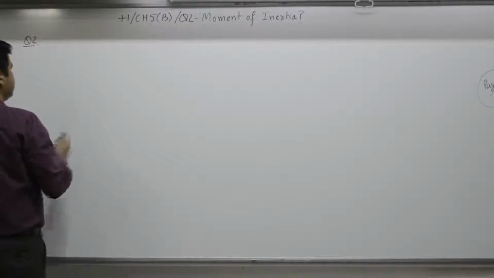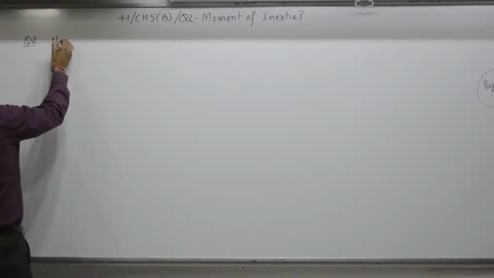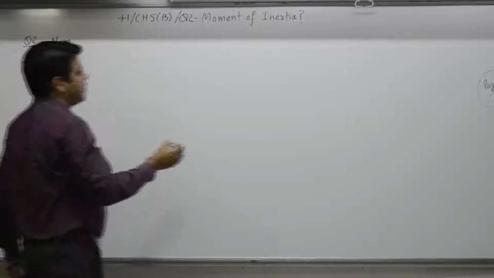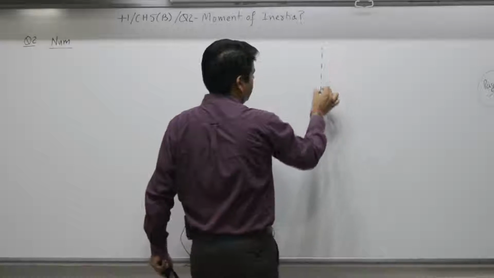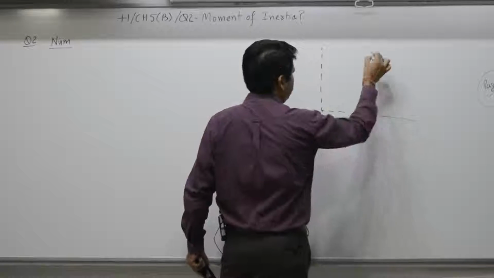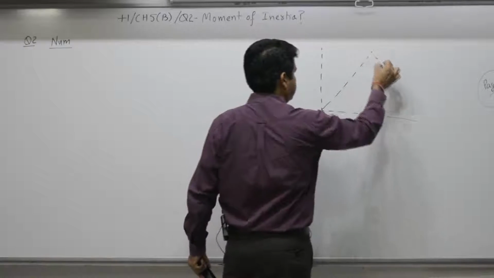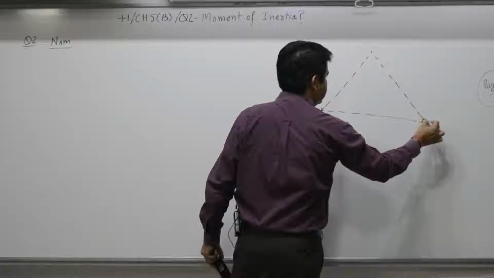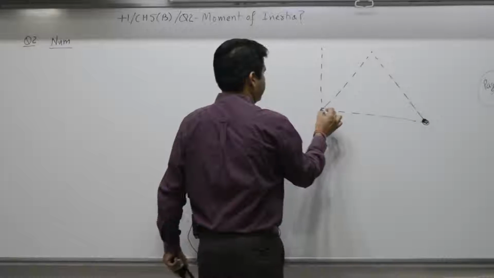One numerical based on the same. Three masses, each of mass m. You need not refer to the book.